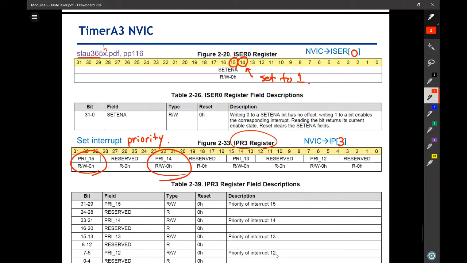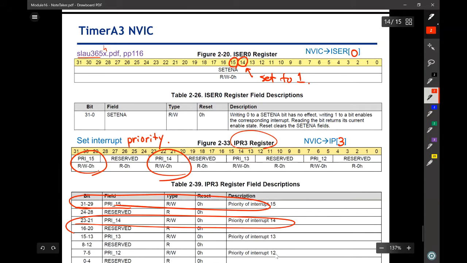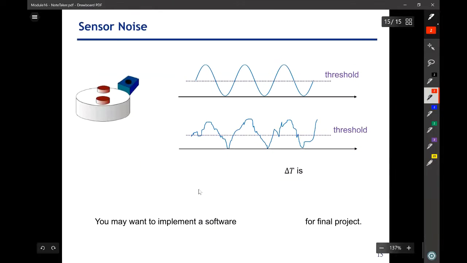Bits 31 to 29 and also 23 to 21 need to have a priority of 2. That's what you need to set. That's pretty much it.